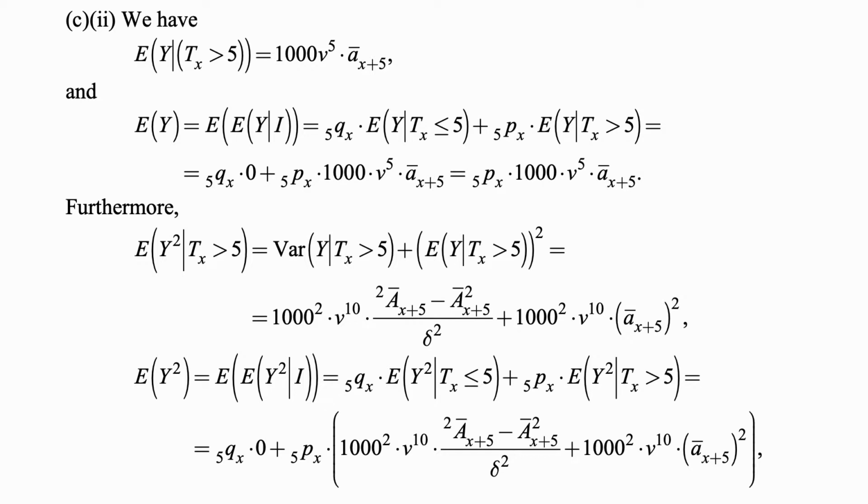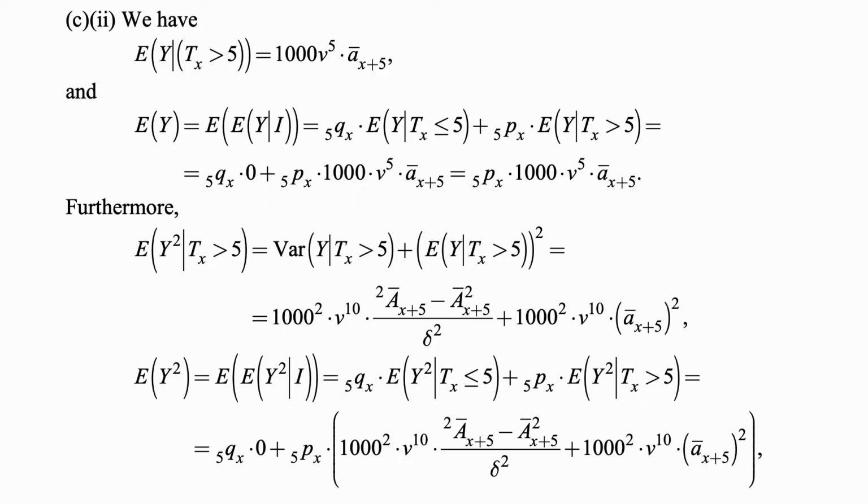For part C, part 2, we have the expected value of Y given that T_x is more than 5 is 1000 v to the fifth times ā_{x+5}, and E of Y is the expected value of Y given I, and that's 5q_x times E of Y given that T_x is less than or equal to 5. 5q_x is the probability that T_x is less than or equal to 5, plus 5p_x times E of Y given that T_x is more than 5, and 5p_x is the probability that T_x is more than 5.